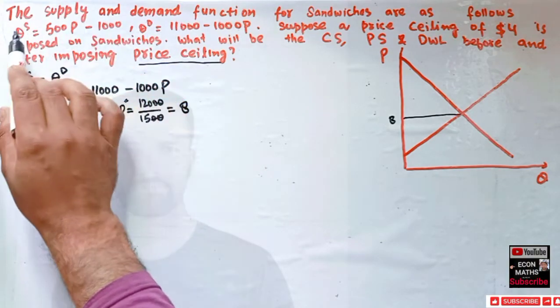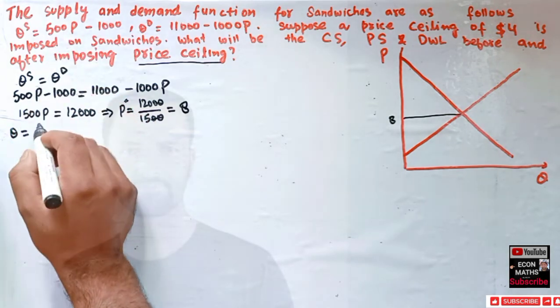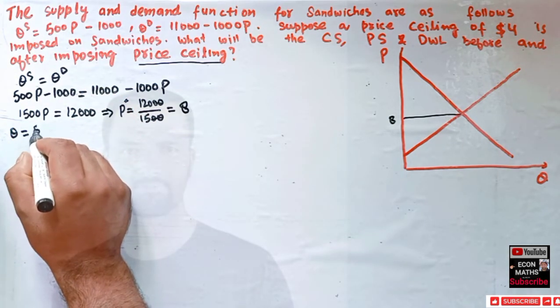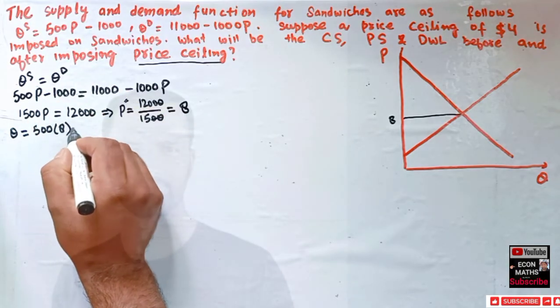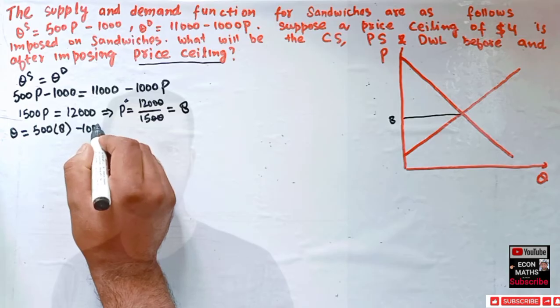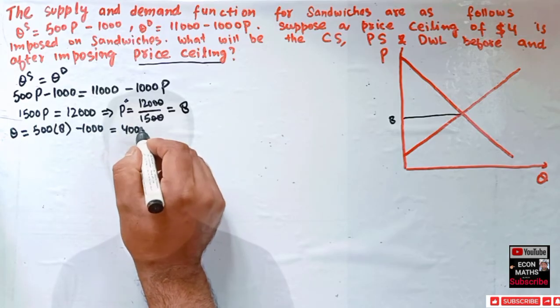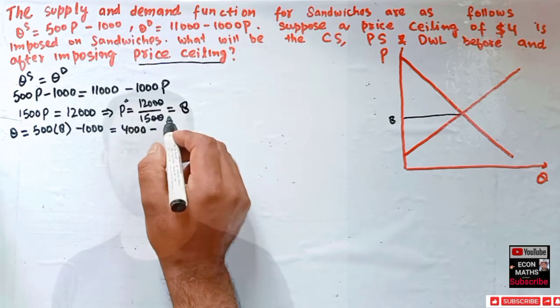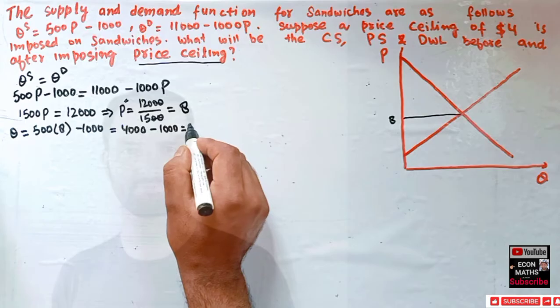So we will plug p is equal to 8 in the quantity supplied function. So our q would be equal to 500 times 8, which we calculated, minus 1000, which is 4000 minus 1000, which comes out to be 3000.